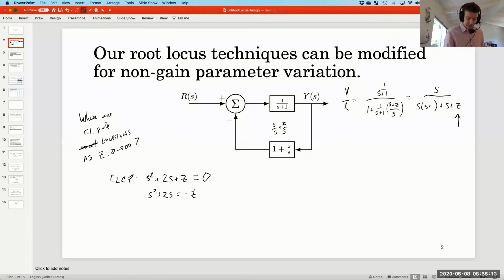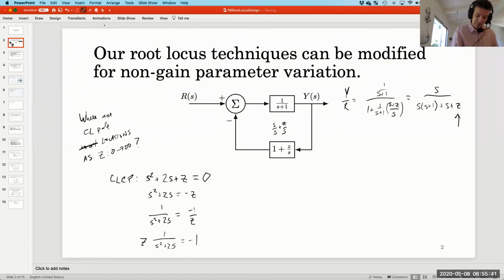And then if I reciprocate both sides, I get 1 over s squared plus 2s equals negative 1 over z. And then I can multiply through by z. And this is the key here. z times 1 over s squared plus 2s equals negative 1.